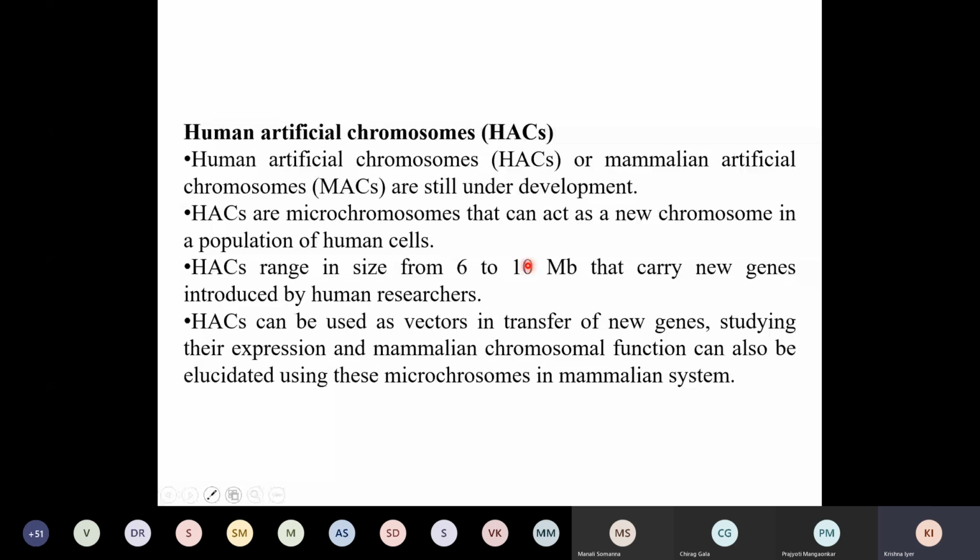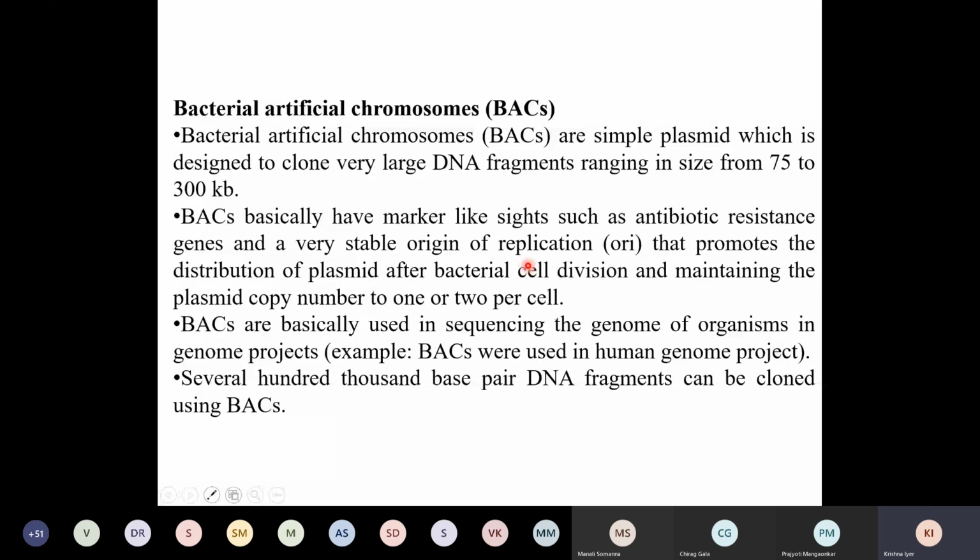Now, all of these can potentially be used as vectors. So I've introduced 5 types of vectors: plasmids, bacteriophages, BACs, bacterial artificial chromosomes, YACs, or yeast artificial chromosomes, and HACs, human artificial chromosomes. Now remember, this is not everything.